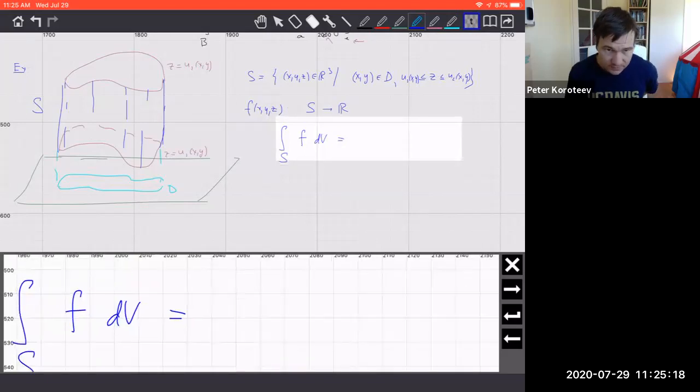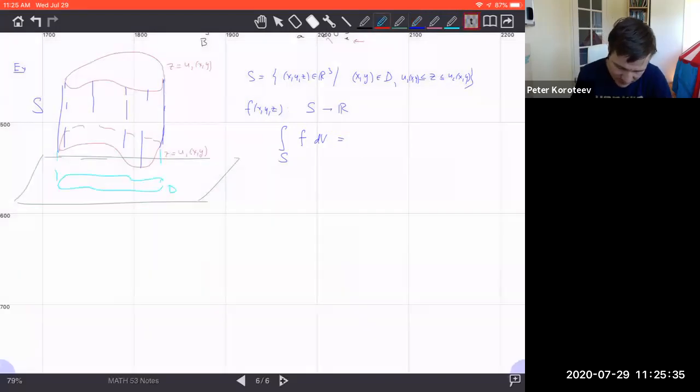The idea is to do the z integral first, because we know that z is bounded. Remember we had a discussion about the way to do the iterated integrals for the double integral, and then we picked the direction of slicing.